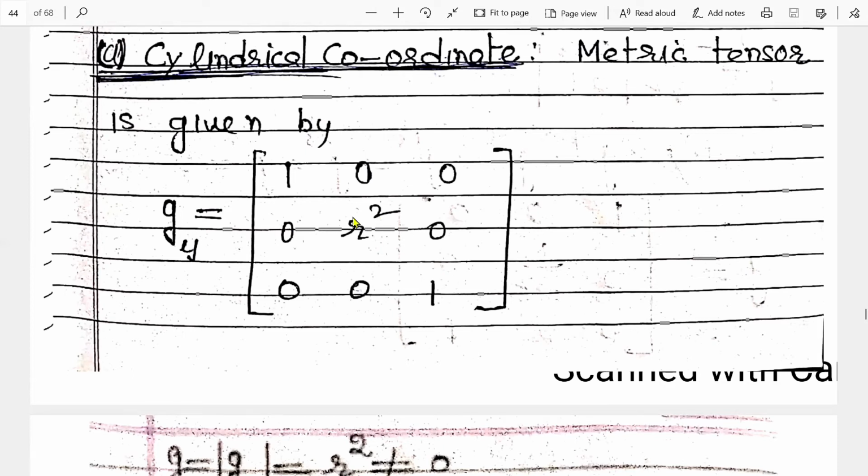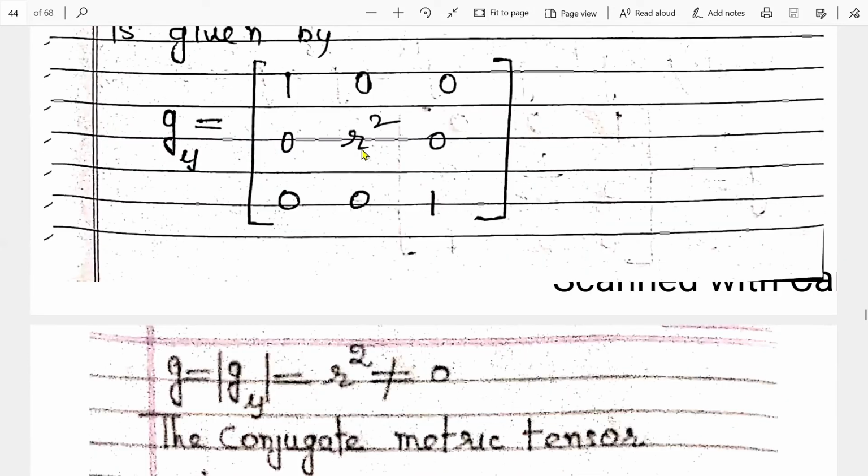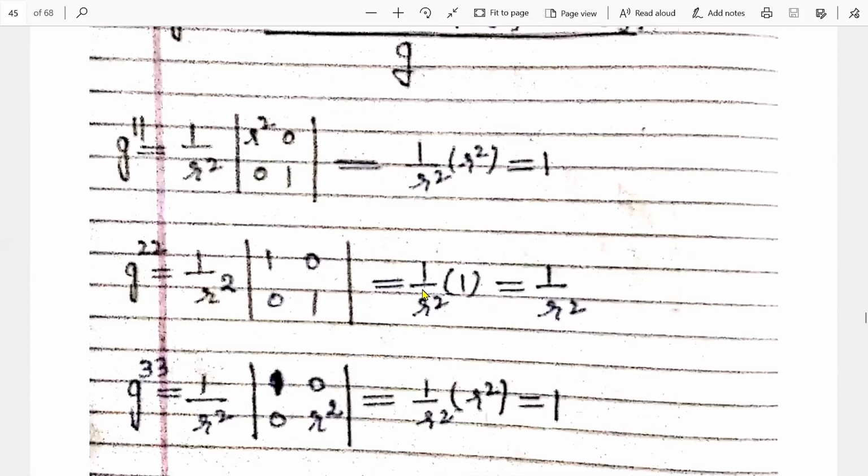Now ignore this and this. What will we get? 1, 0, 0, 1. Its determinant is 1, right? So its determinant is 1, sign is positive. Now again divided by g, meaning divided by r square. So it will become plus 1 by r square, right?